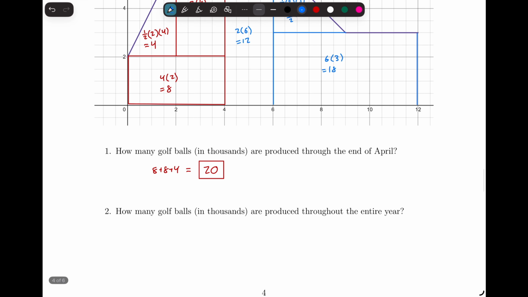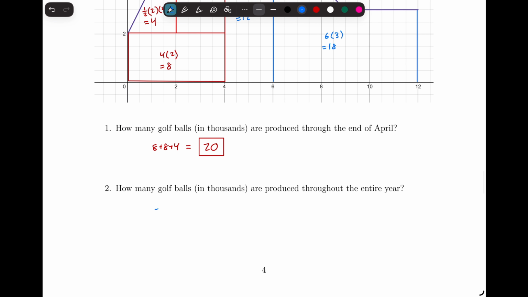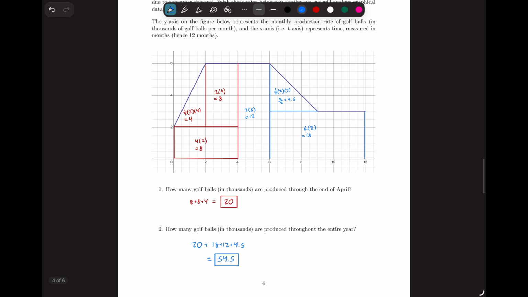Okay, so considering the 20 from before, I have the 20, the new 18, the new 12, and that 4.5 from the triangle. And this gives me 54.5. Easy as that. So it's 54,500 golf balls produced throughout the entire year by Titleist.